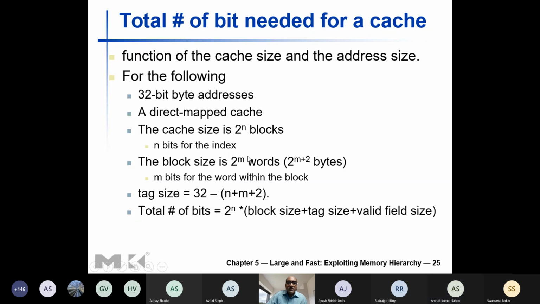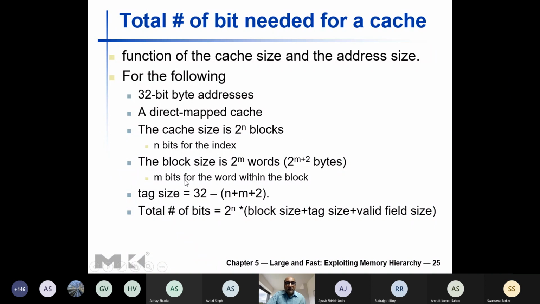If it is 4 words, m equals 2, and so on. So the block size in terms of bytes will be 2 power m plus 2, because 2 power m words, where the word contains 4 bytes. Therefore, the number of bytes in a block will be 2 power m plus 2 bytes, right?